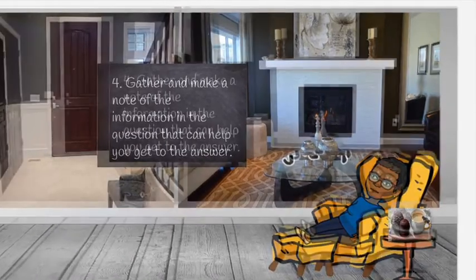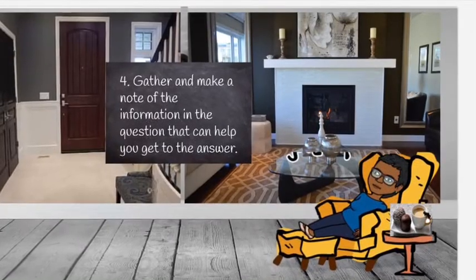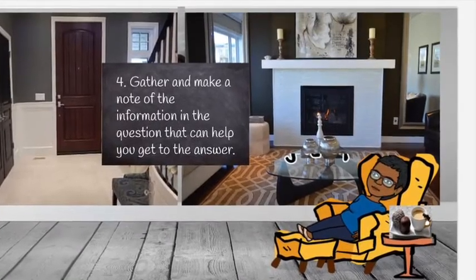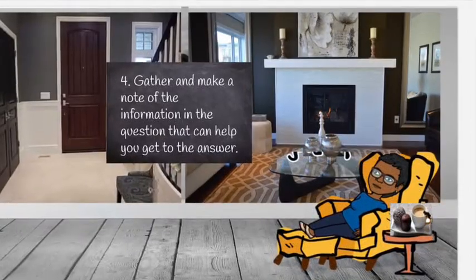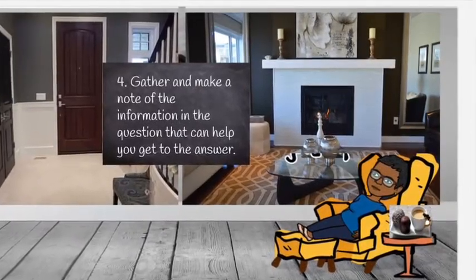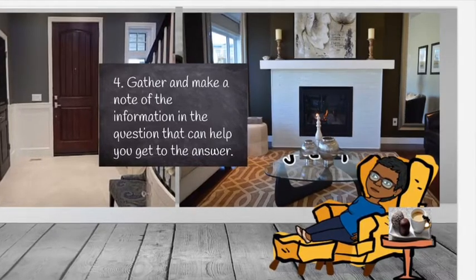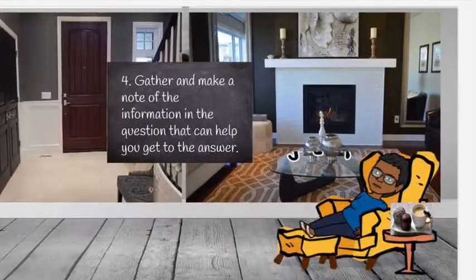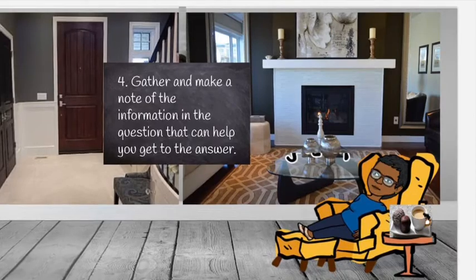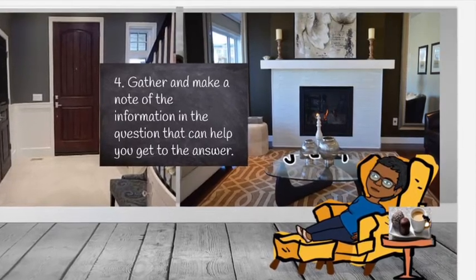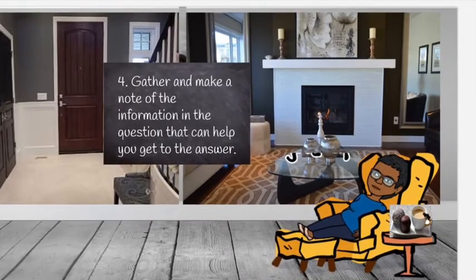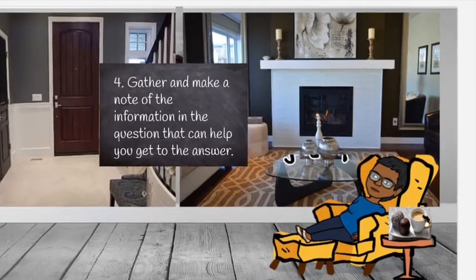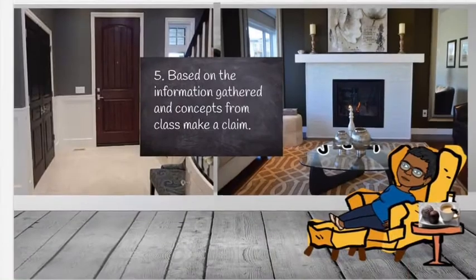And you've already gathered all the information from the question that could help you arrive at an answer or a solution. So now you're going to take all that information, the key terms that you recognize, the key concepts that you recognize, and all the information that you made a note of, and you're going to make a claim.